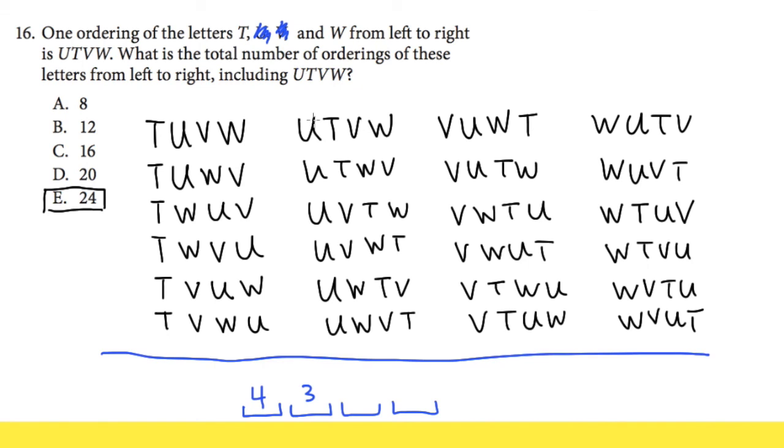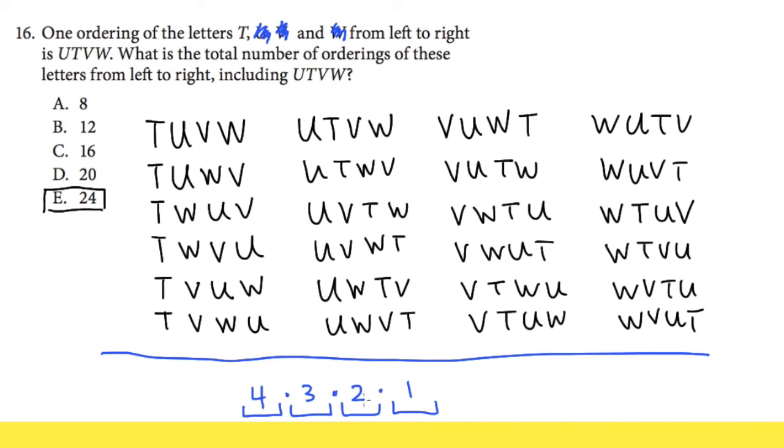We only have 2 more letters, so it has to be 2. And at the end, once you have 1, 2, 3, so let me say the W is out as well, we have no other choice except for the last one, so we have 1 more choice. So you see, we have 4 choices here, 3 choices, 2 choices, and then at the end we have 1 choice. At the end, we multiply.